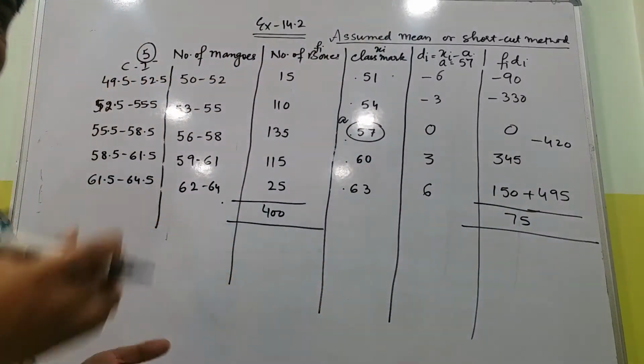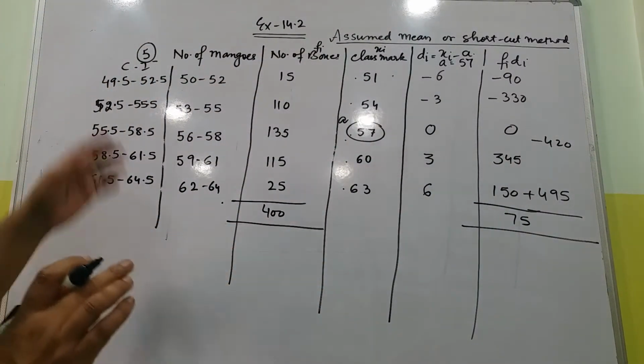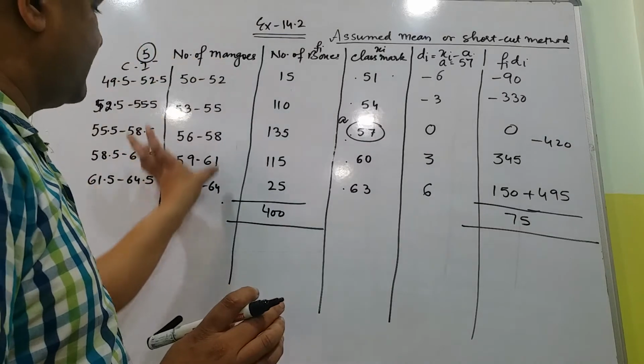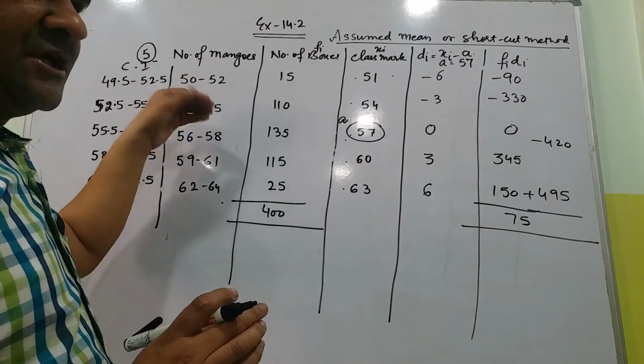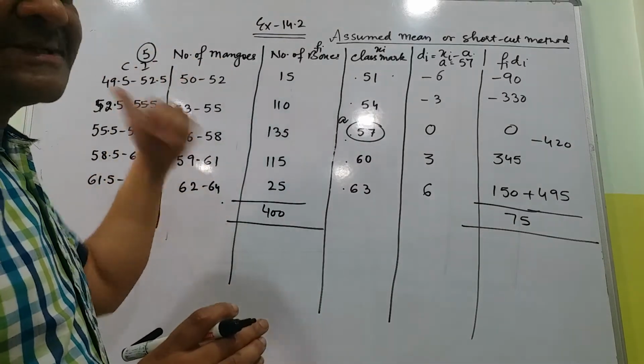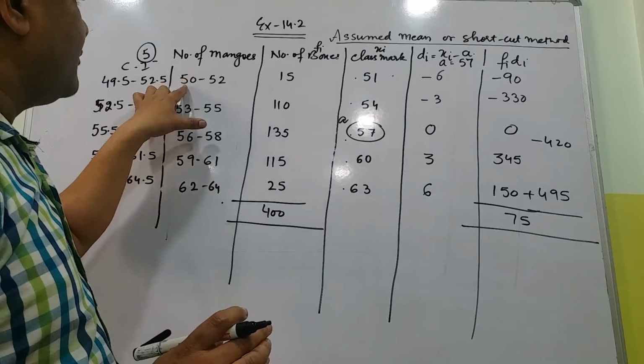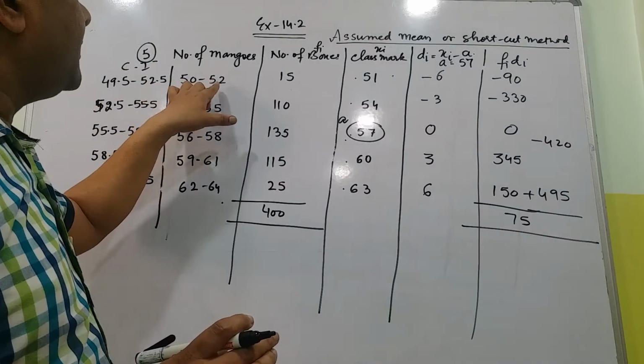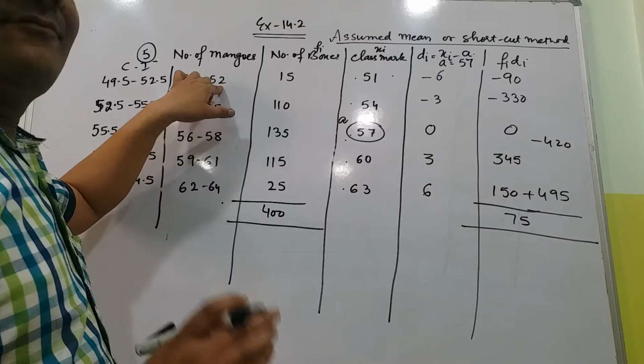So I am again repeating the steps we have done so far. First we make this class interval continuous, changing it from inclusive to exclusive class interval. For that we subtracted 0.5 from the lower limit, then added 0.5 to the upper limit.